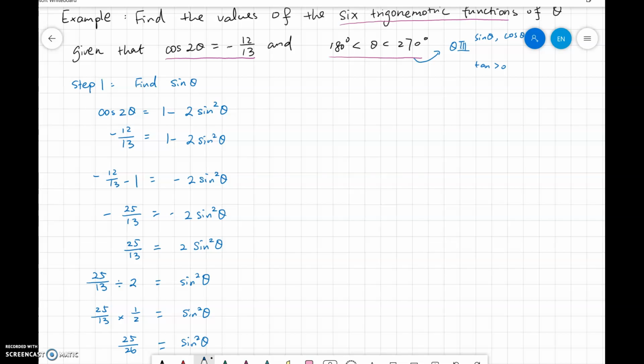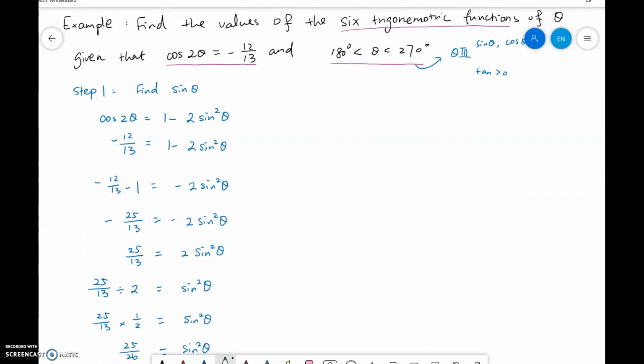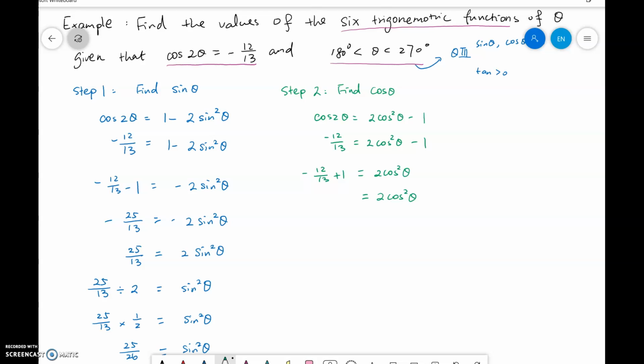We're going to apply the same thing, but this time we're going to find cosine of theta. So cosine of 2 theta equals 2 copies of cosine squared theta minus 1. Negative 12 over 13 equals 2 times cosine squared theta minus 1. Adding 1 on both sides, we end up with 2 copies of cosine squared theta equals 1 over 13.